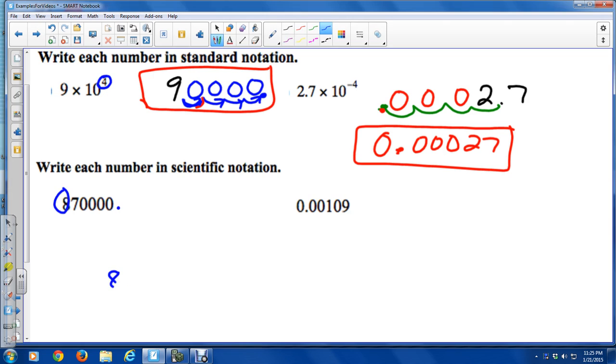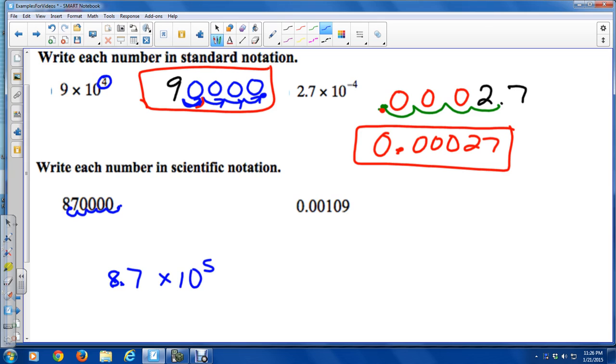So it's going to be 8 point, and then I can have as many digits as I want after that. So I need to get this decimal over to right after the 8. I have to move it once, twice, 3 times, 4 times, 5 times to be right after the 8. So 8.7 times 10 to the 5th. 5 because I moved it 5 times.